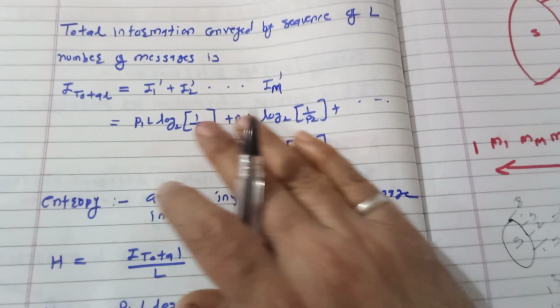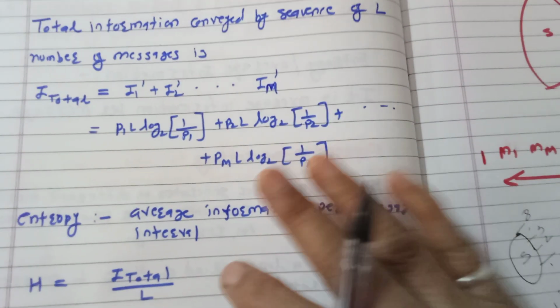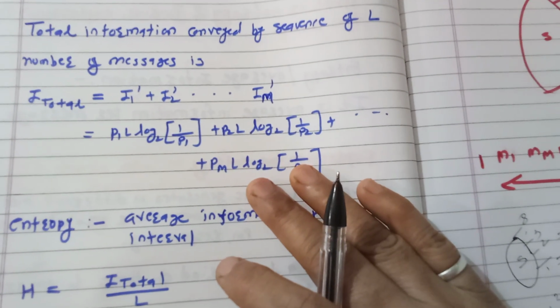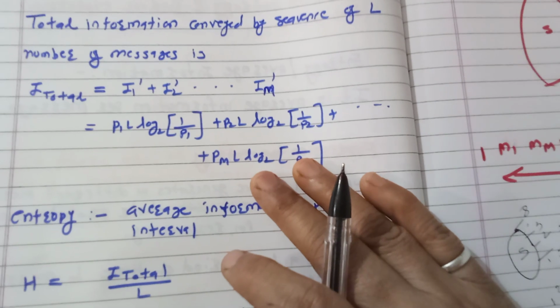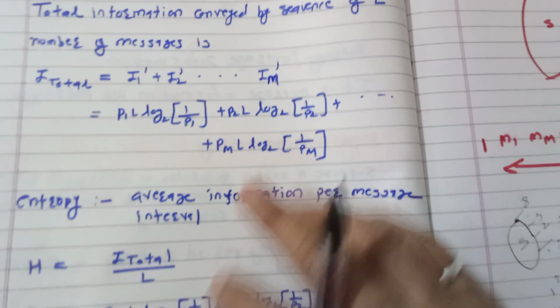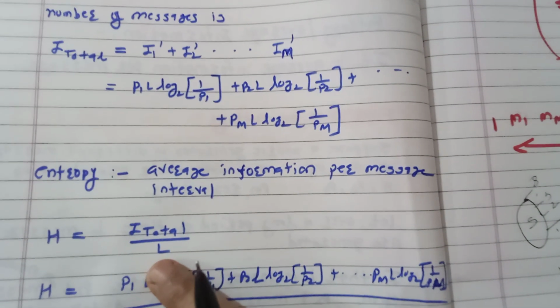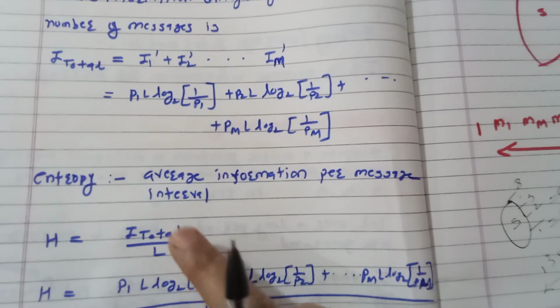That means it is the total information divided by the number of messages, L. So I total divided by L is entropy.